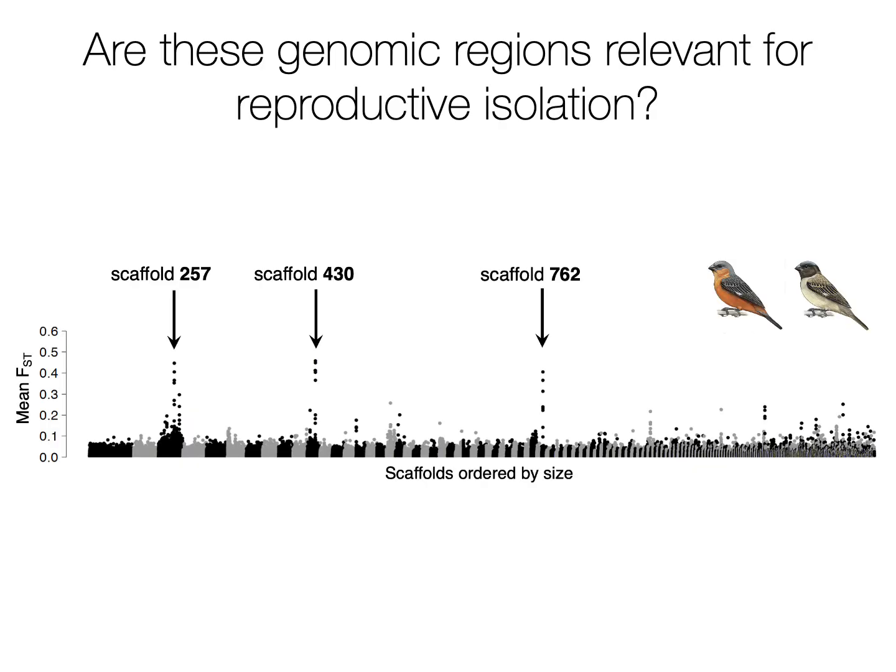But what Sheila was really interested in was understanding whether these genomic regions are relevant for reproductive isolation. Keep in mind the females do not look different, and no one had ever looked at reproductive isolation in the field in this system, and actually in many systems it's really hard because you've got to get out there, sample nests, and so on.